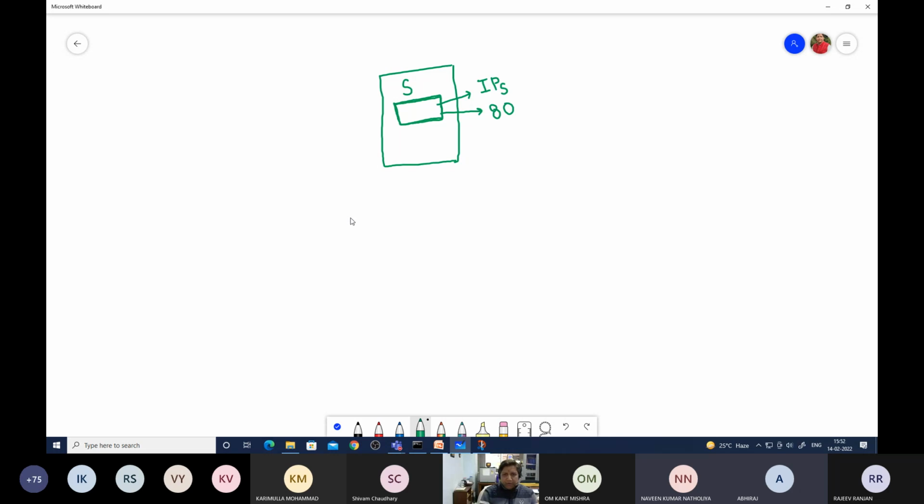Now let us take different scenarios. Suppose client 1 wants to connect to this web server.